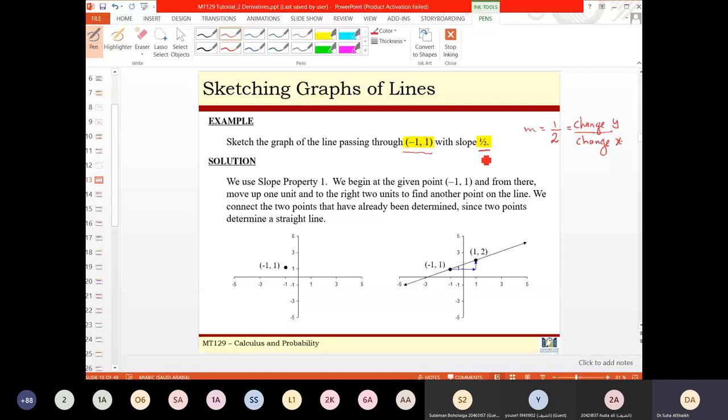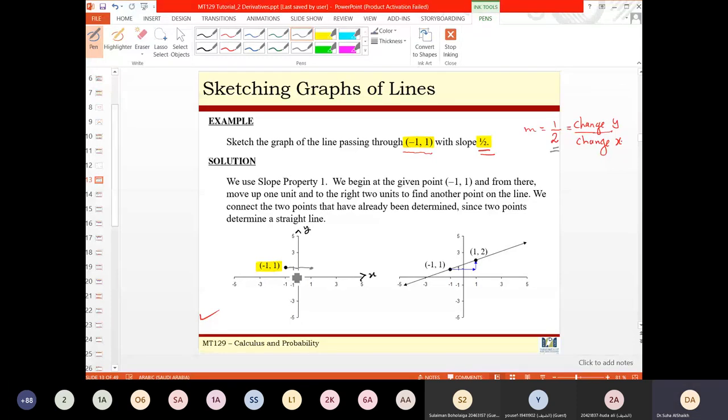So I draw the xy coordinates and draw the point (-1, 1). You can see it. This is the point (-1, 1). Now the change in x is in the direction of x, and the change in y is in the direction of y. So the x is changing by 2, so I move 2 units to the right, and this is the change for x.